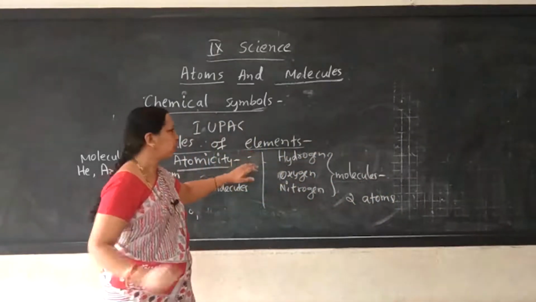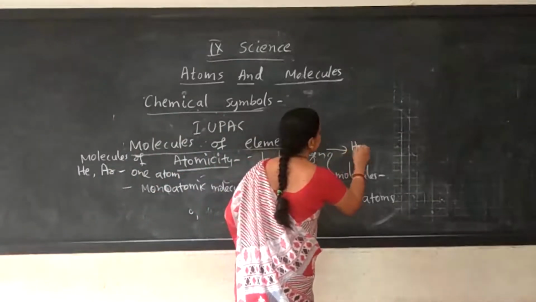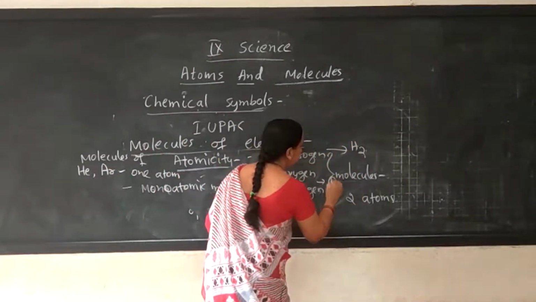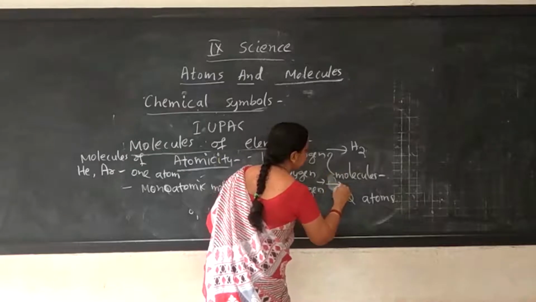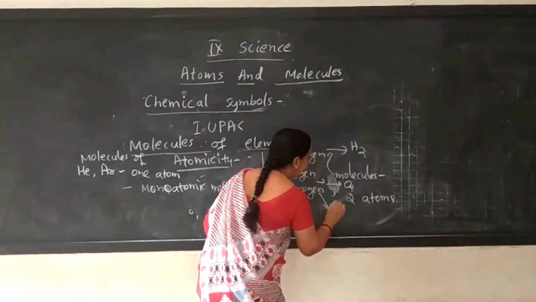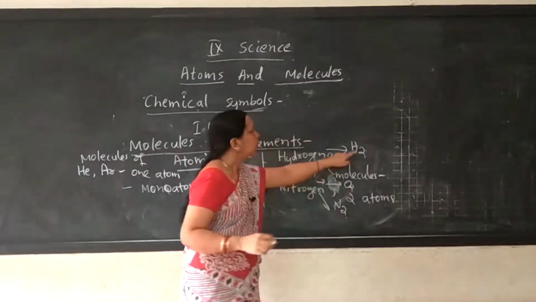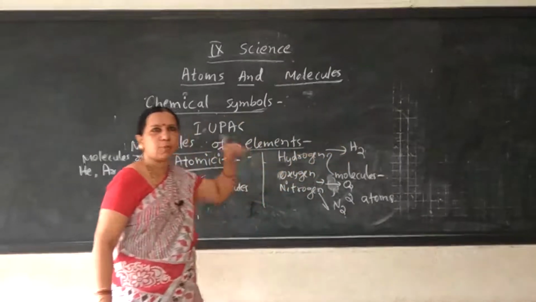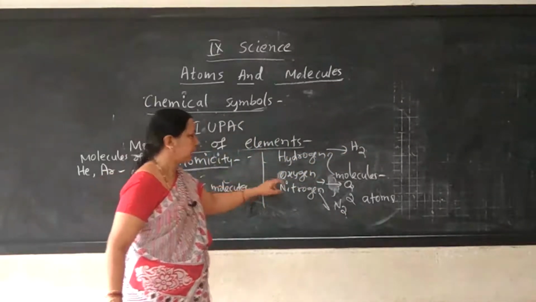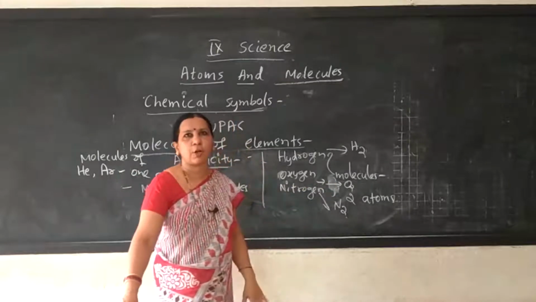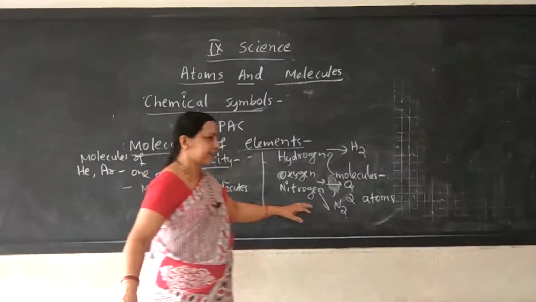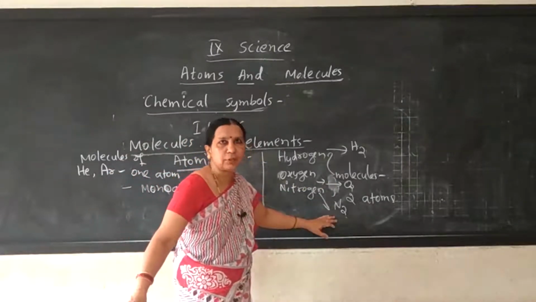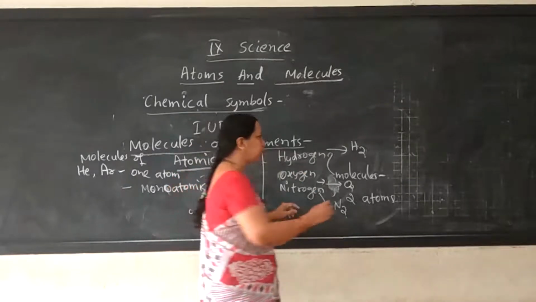We write H2, O2 and N2, meaning two atoms of hydrogen form one molecule of hydrogen, two atoms of oxygen form one molecule of oxygen, and two atoms of nitrogen form one molecule of nitrogen.